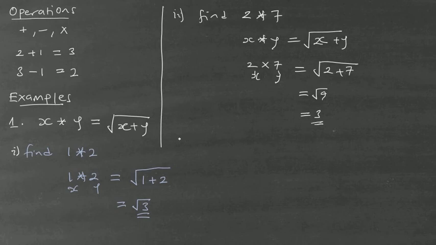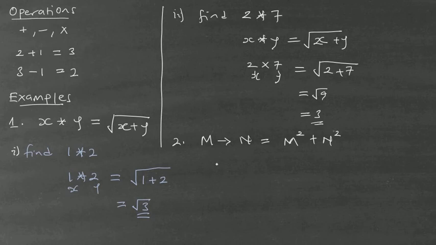Okay, let's look at number 2. If you're given an operation like m, they can use different signs. Let me use this, as long as they define the rule for that operation. Maybe it is equal to m squared plus n squared.